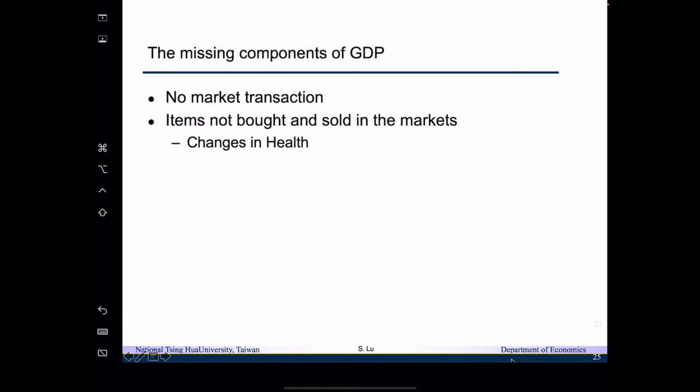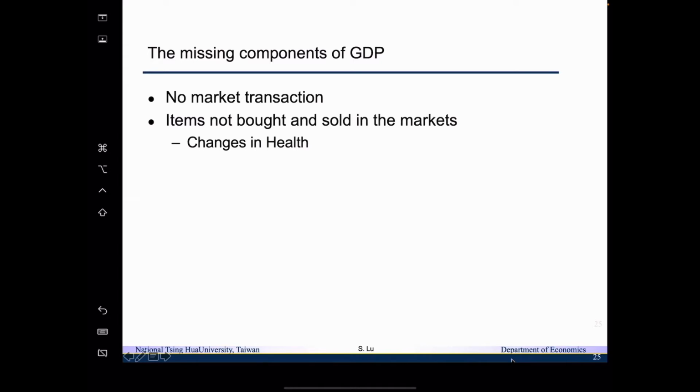However, it could be the case that once the engineer produces that good worth $1 billion, that person is hospitalized because they got super ill.